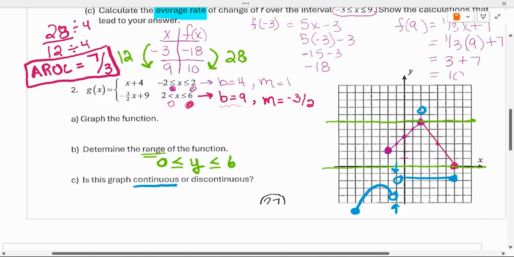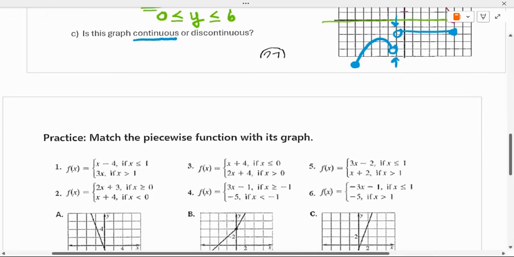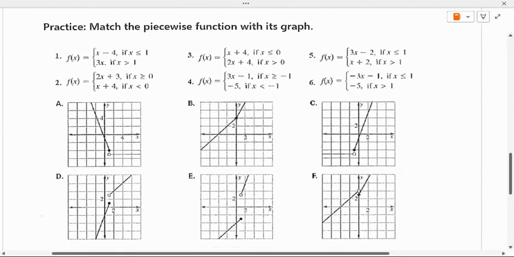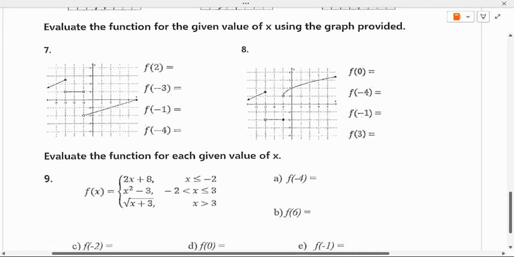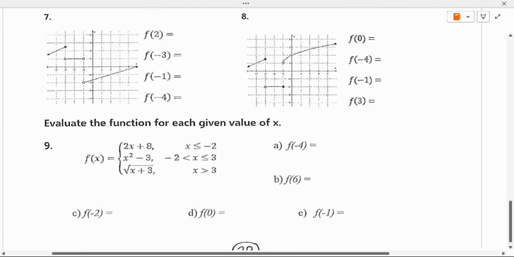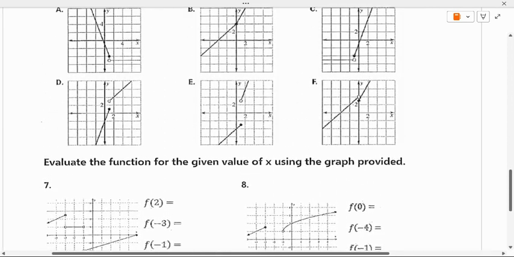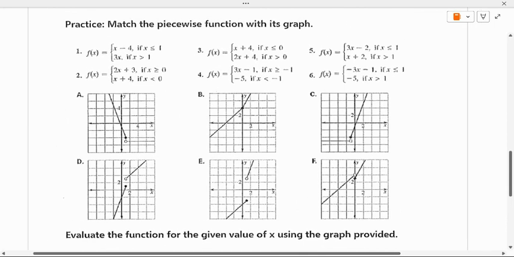All right, so let's take a look at your homework. So your homework for today is going to be this worksheet. This worksheet is page 28 out of your packet. So for the first part, you're just matching the piecewise functions to the graph. I suggest that you take a really good look at the domain restrictions on each one of them.